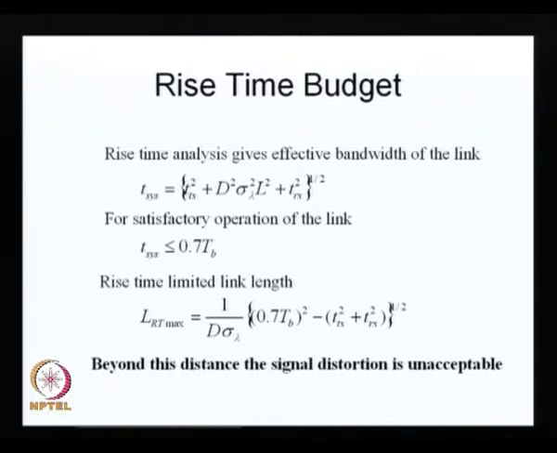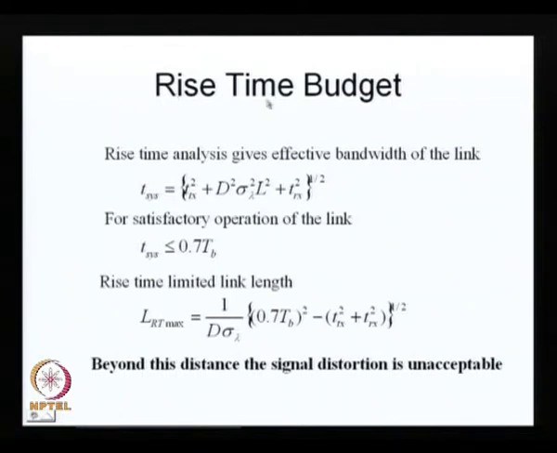The larger the bandwidth of the system, the shorter the rise time. If you transmit a pulse which has a sharp edge, you will see the sharp transition of the optical pulse if you have a substantially large bandwidth. So, the bandwidth calculation here we are doing in the time domain, in terms of what is called rise time.